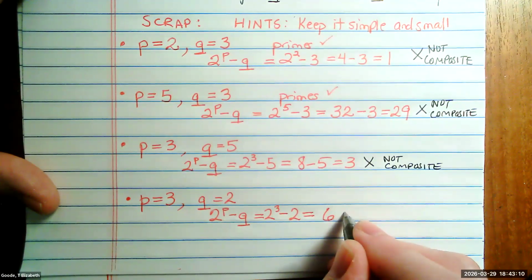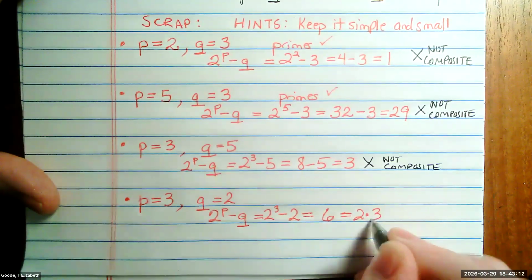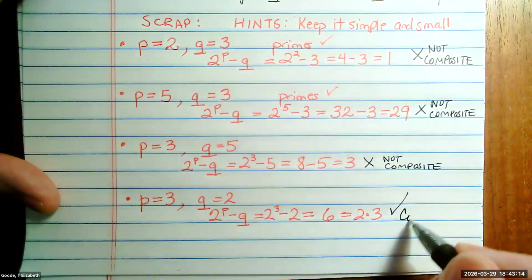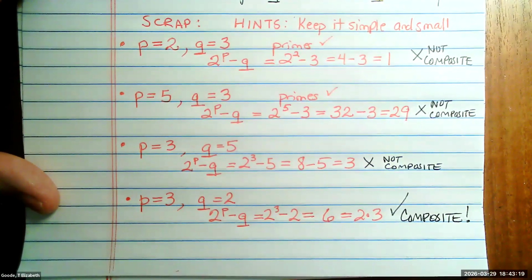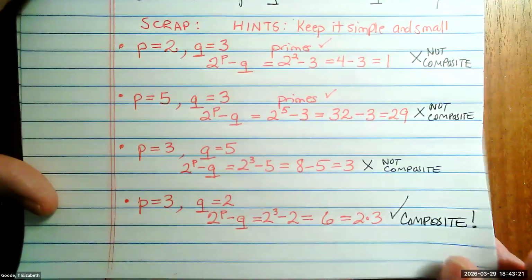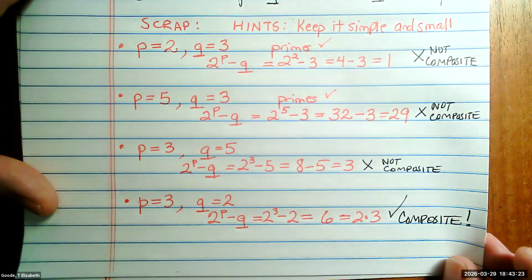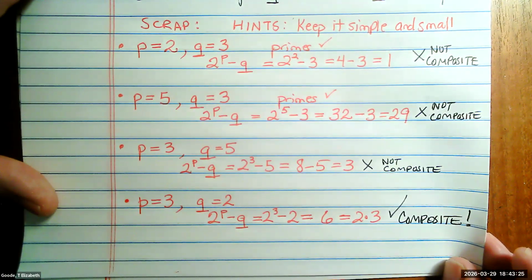It's 6 because it's 8 minus 2. And that is equal to 2 times 3. So it is composite. So we have found, using our scrap work, a nice example of primes P and Q that are not equal that satisfy 2 to the P minus Q as composite. Let's write it up.